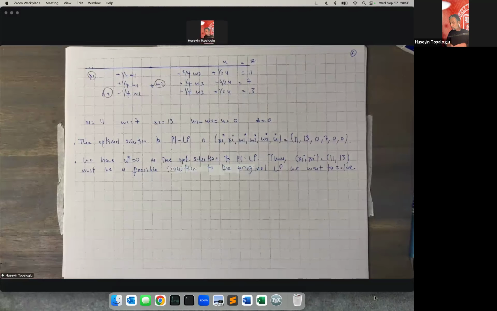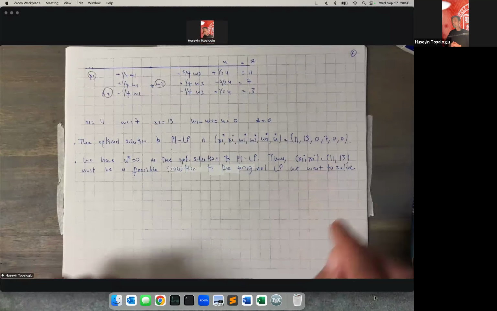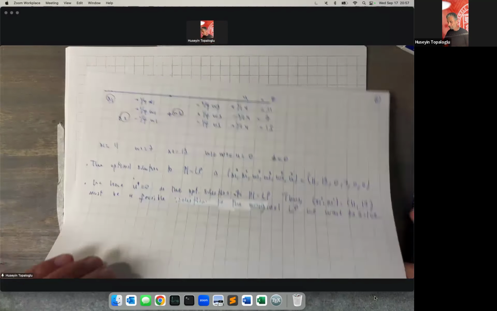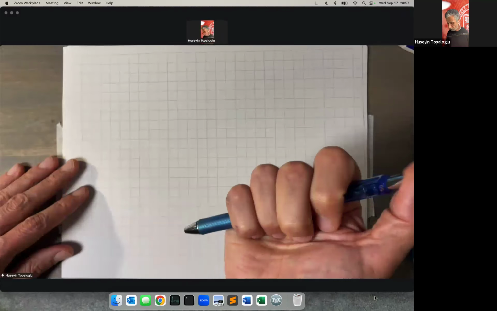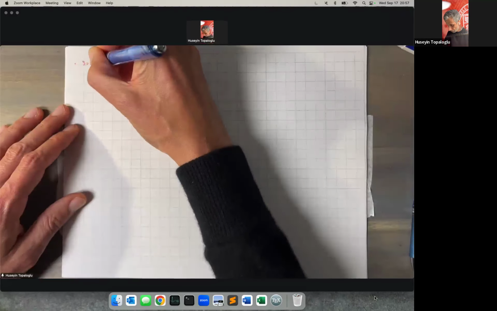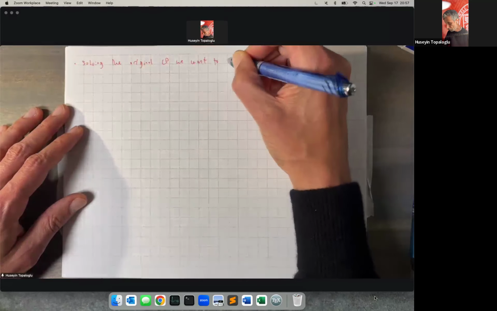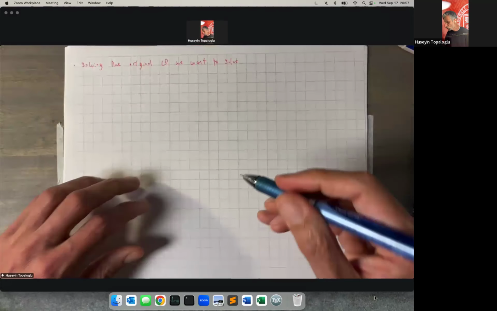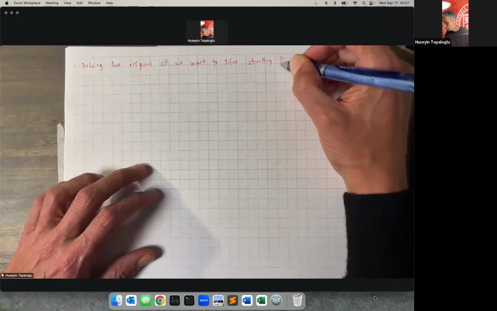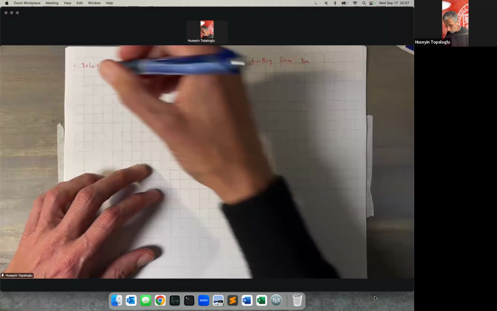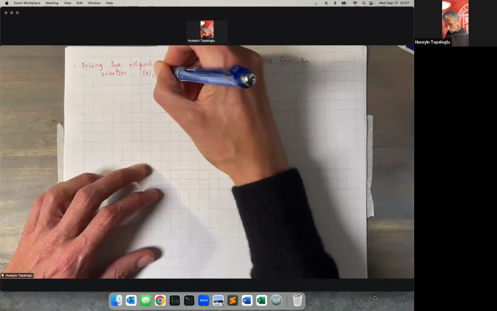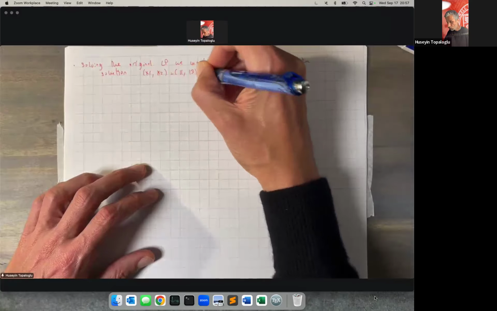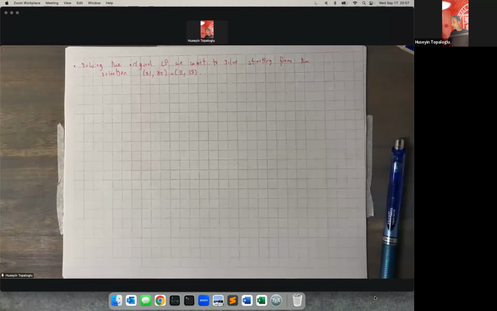We're going to solve the original linear program starting from the solution x1 is 11, x2 is 13.